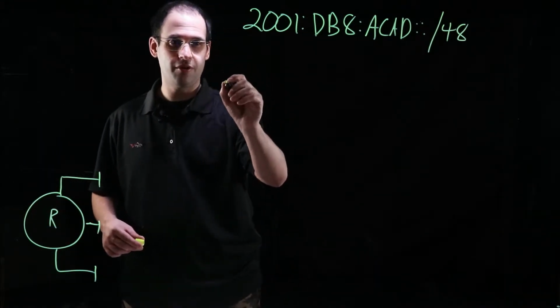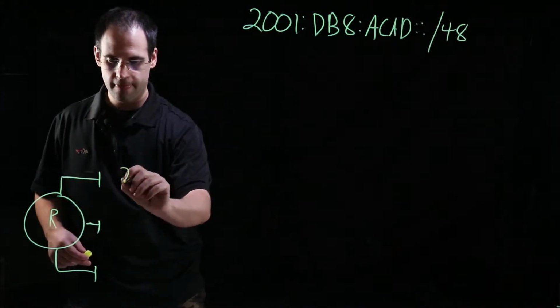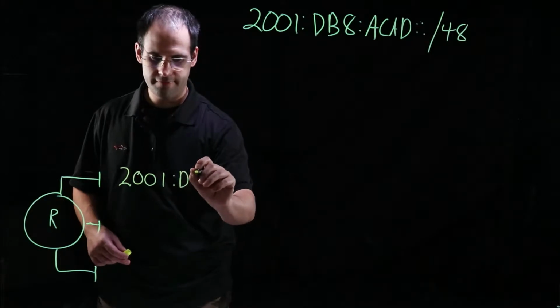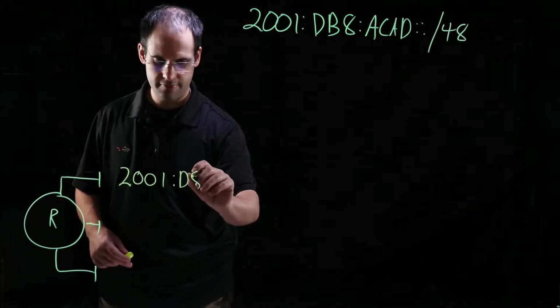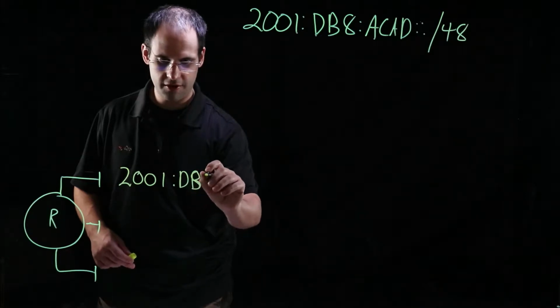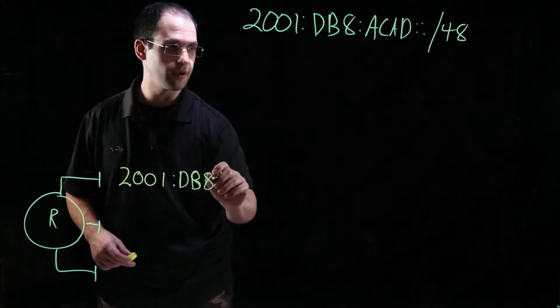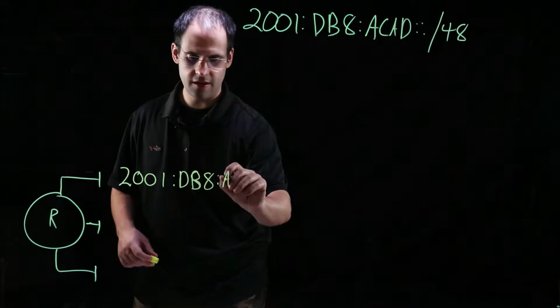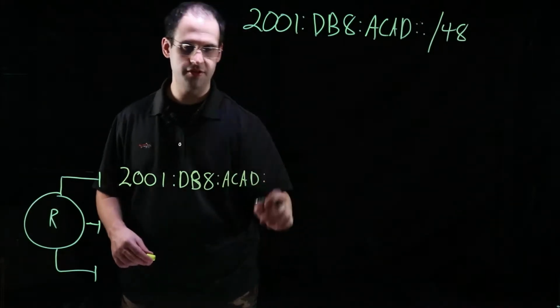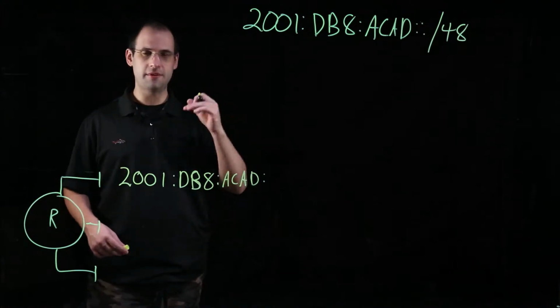So for the first network, I can just say I have 2001:DB8:ACAD. Now this next one is the subnetting ID.